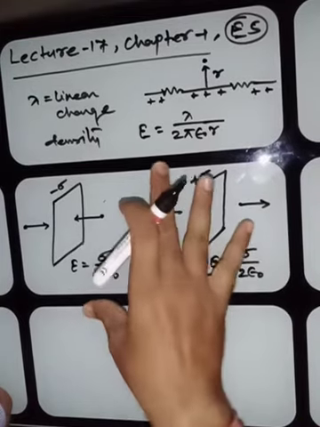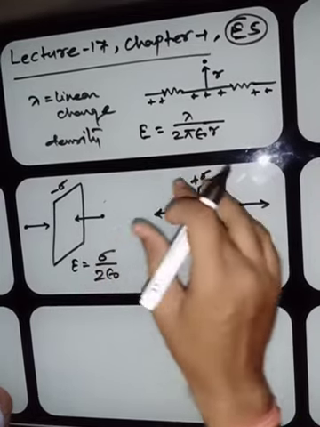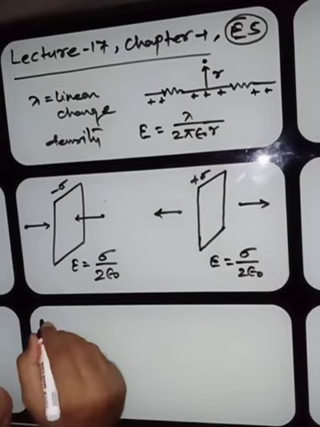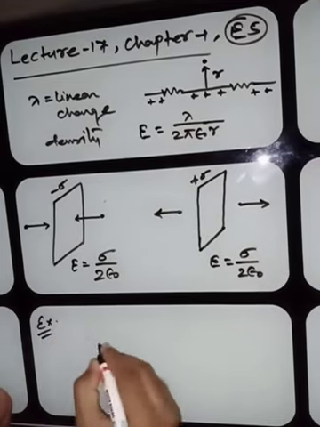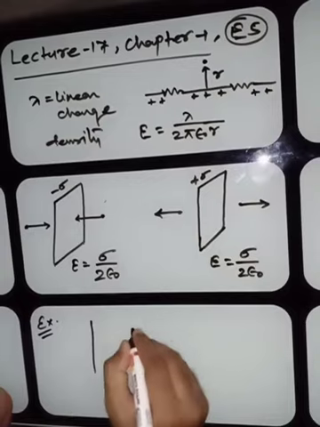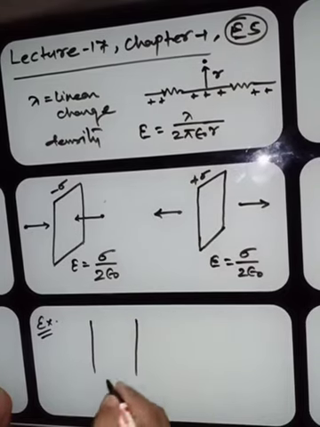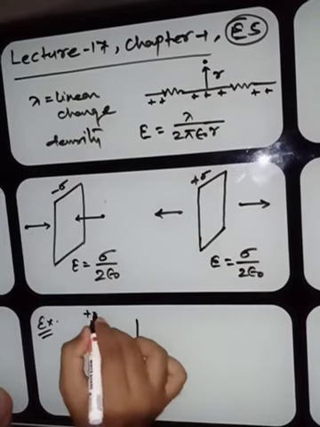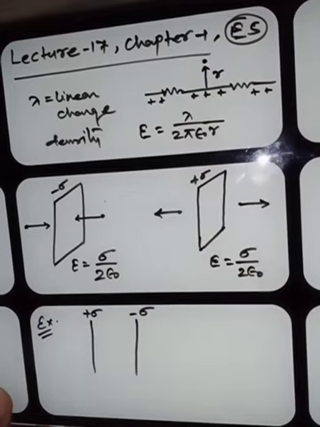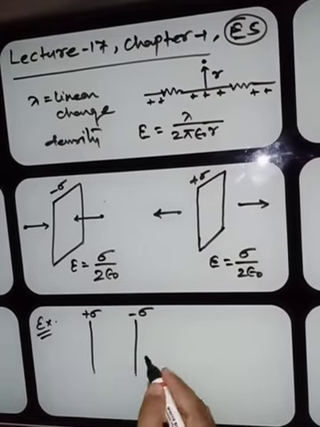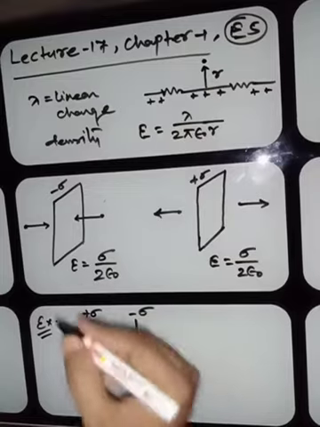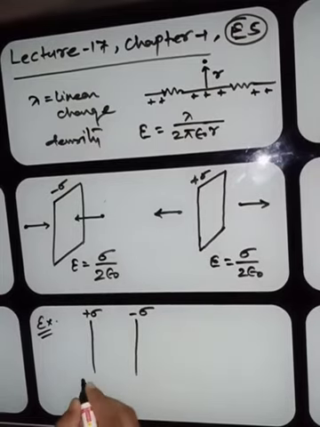Today we will start this lecture with a simple numerical. The same system will be considered as a capacitor. This is the plus sigma and minus sigma plate, of whatever area, and we'll discuss it in detail later on.